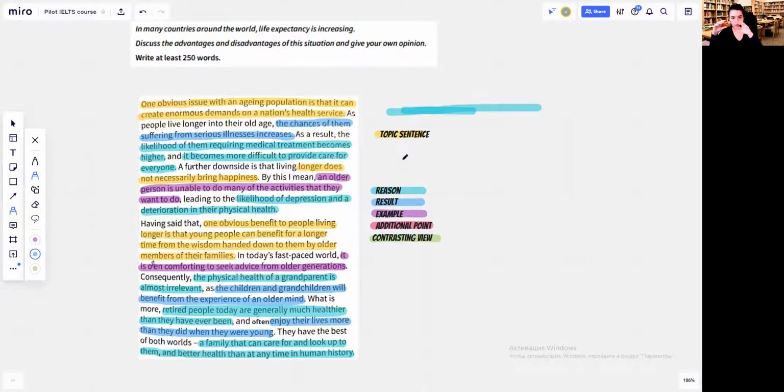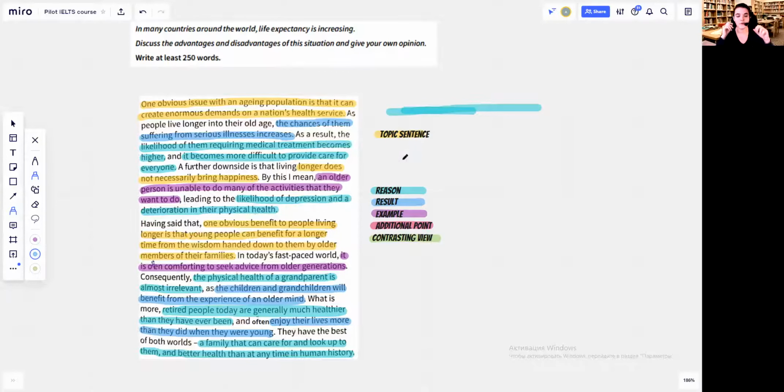Serious illnesses lead to more resources needed. And if you're able to build this sort of multi-linked chain within your paragraph, this is going to be regarded very highly by the examiner because this increases your coherence and cohesion. Again, if you're doing a long chain, but some of the links are irrelevant, it just breaks the whole thing apart.